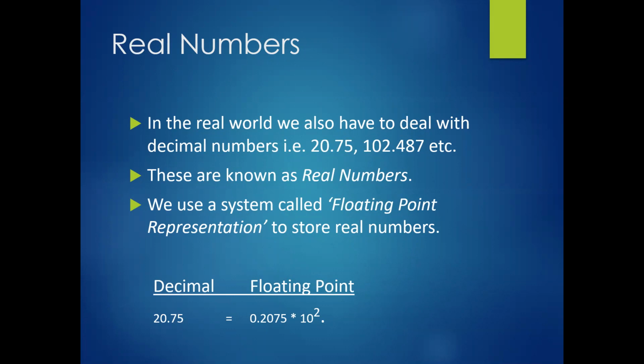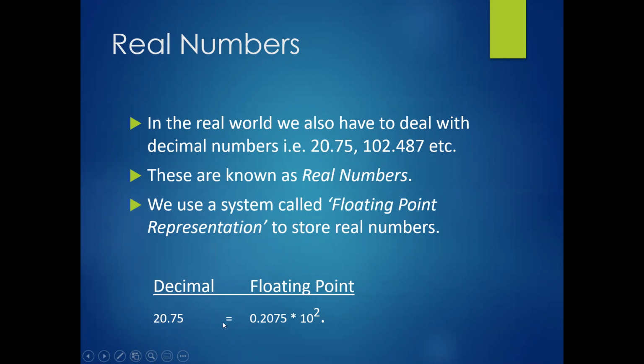And in computer science, we use a system called floating point representation. It's a really simple system. And this is the decimal number 20.75. And in floating point representation, we have 0.2075 times 10 to the power 2, which makes perfect sense mathematically, because 10 to the power 2 is 100. 100 times this number here will take us back to 20.75.